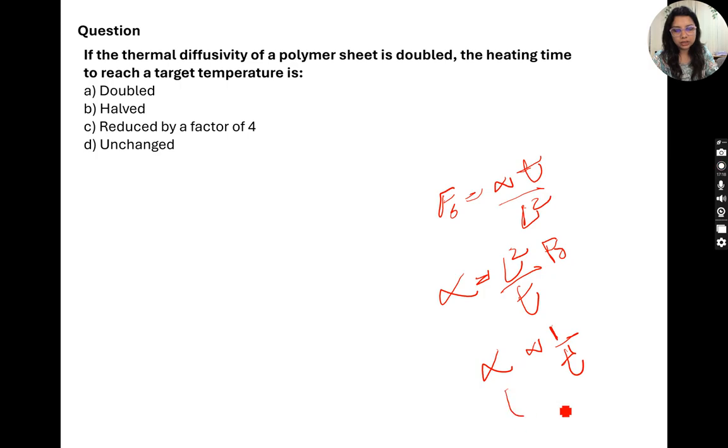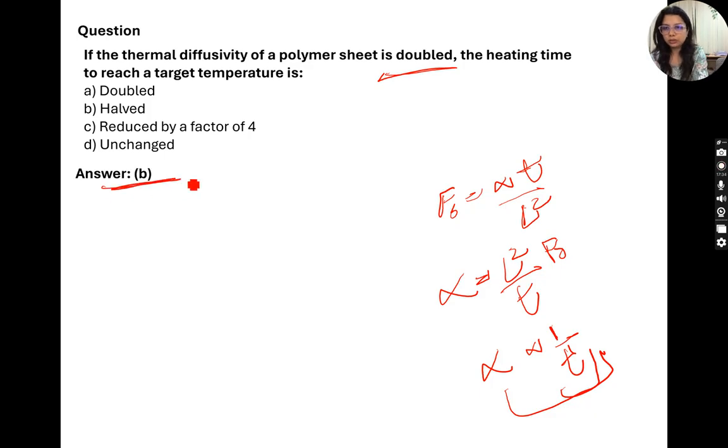Because of this inverse relationship, if the diffusivity of a material is doubled, the time will be reduced by half. It's a simple phenomenon, and the correct answer is B: the heating time to reach a target will be half.